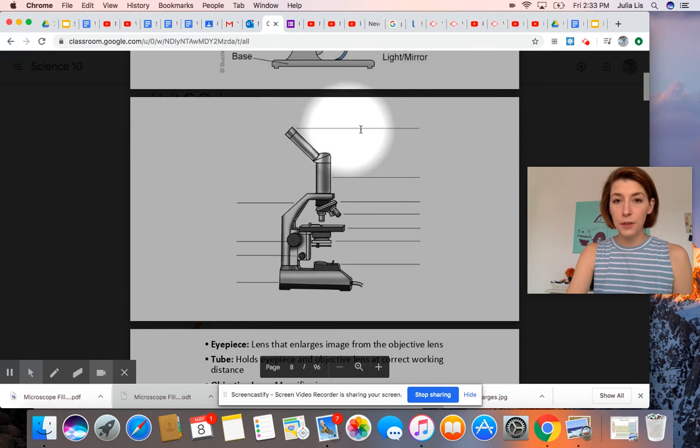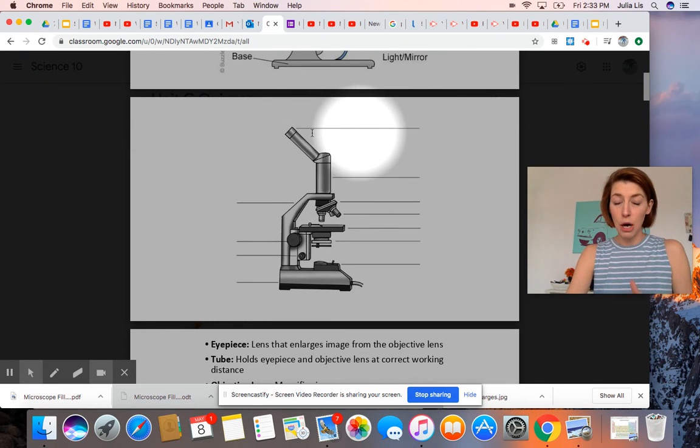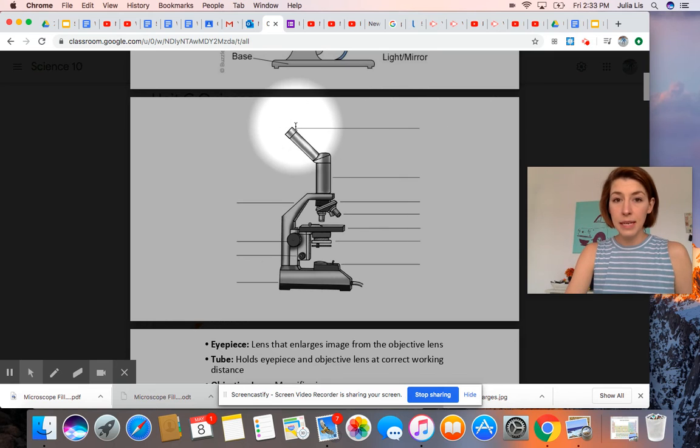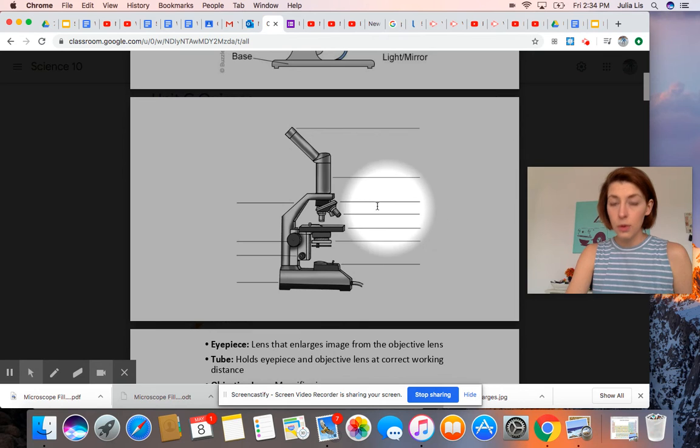So this first structure, I'll just go from top to bottom. This is the eyepiece. This would be called the tube. Then we have, these two would be the same. We have the objective lens or lenses that vary in their magnification. We have our stage here.